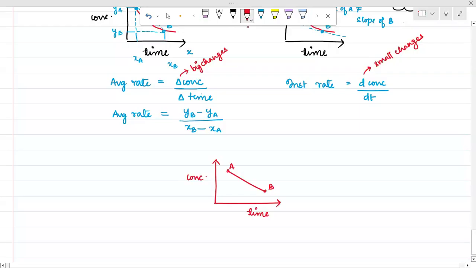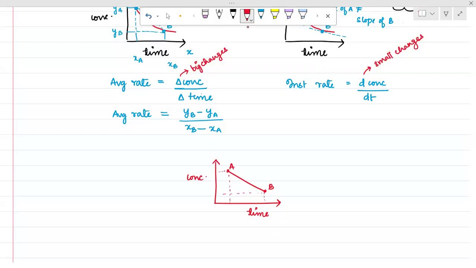Let's say this is the diagram for the change of concentration. Now, average rate, of course, you take the concentration at A minus concentration at B, time at A minus time at B, and you divide it.